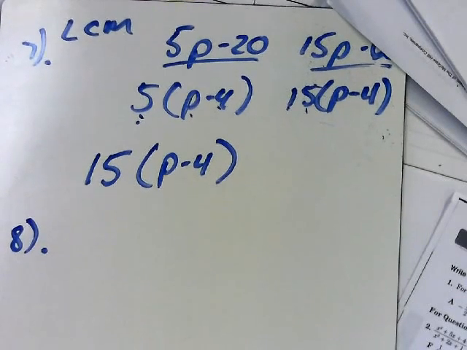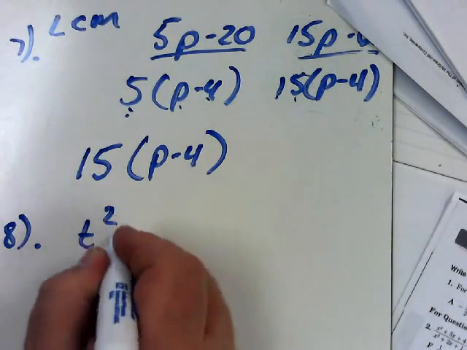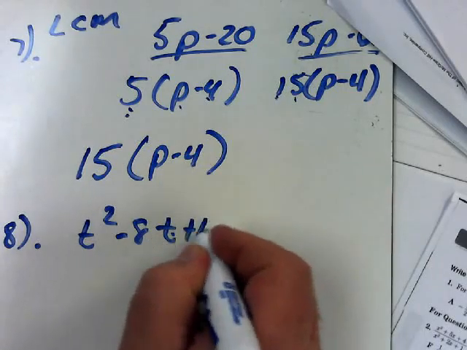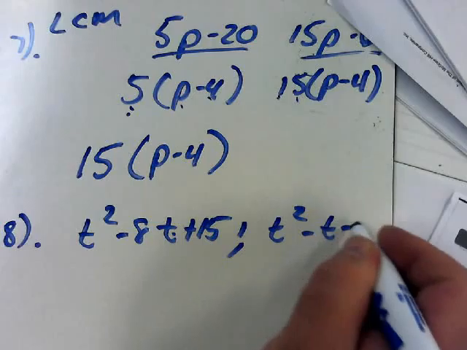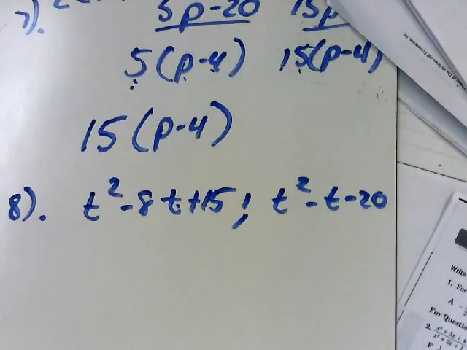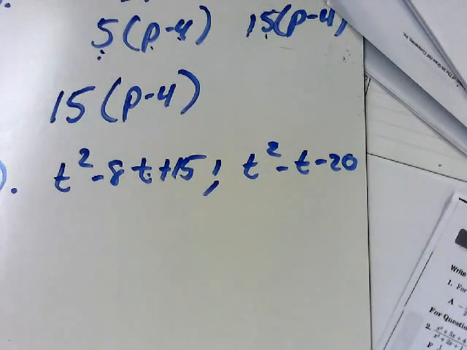Problem number 8. t squared minus 8t plus 15 and t squared minus t minus 20. Since I have two quadratics, what do I need to do to them? Factor them. So what's the factorization of t squared minus 8t plus 15?